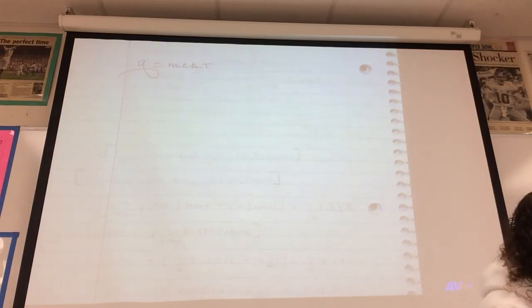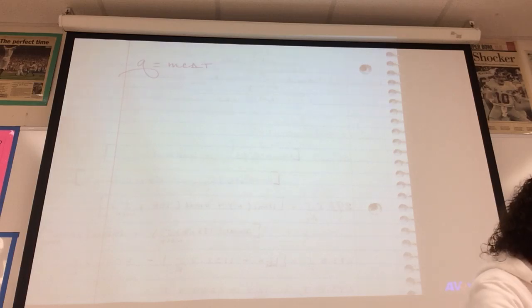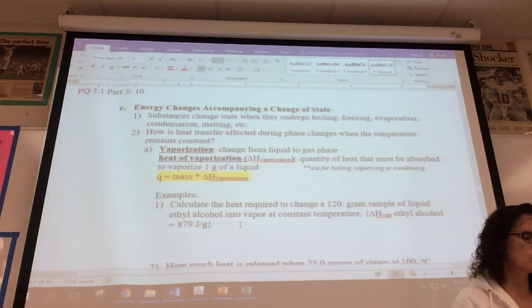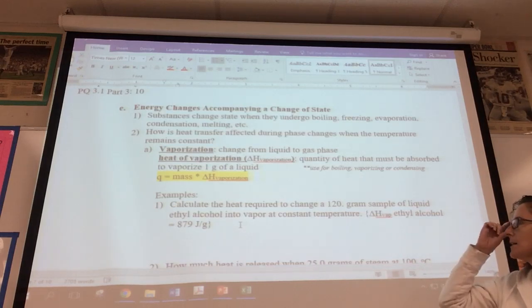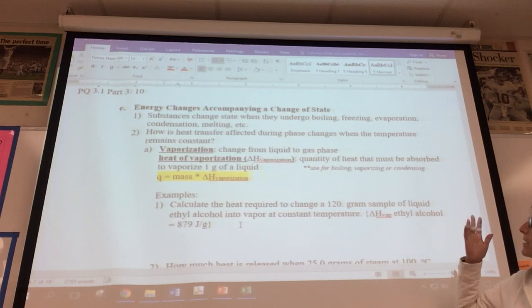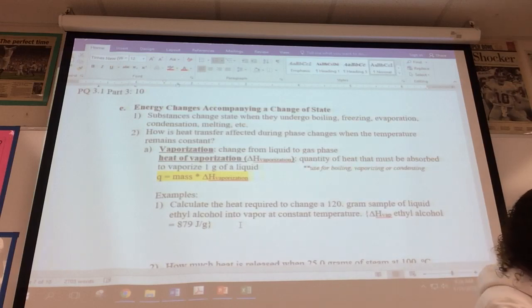So instead of using this formula, chemists have derived 2 other formulas to calculate heat transfer when a substance undergoes a phase change such as boiling, freezing, evaporation, condensation, etc. We can calculate heat transfer in the following way.